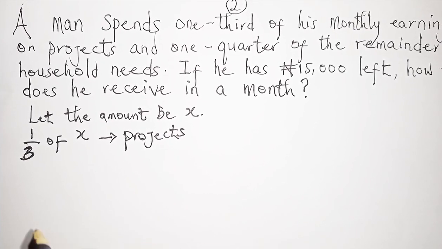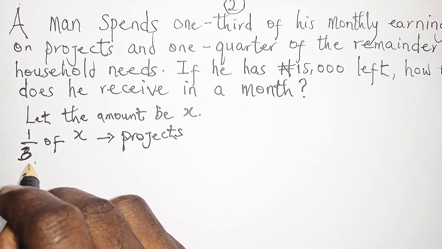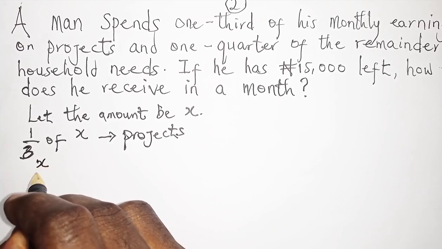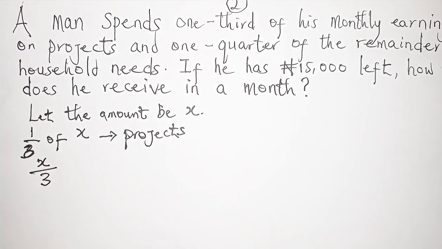What that simply means is we need to get the remainder. So if he spends 1 over 3 on the project, it simply means X over 3 is out of it.